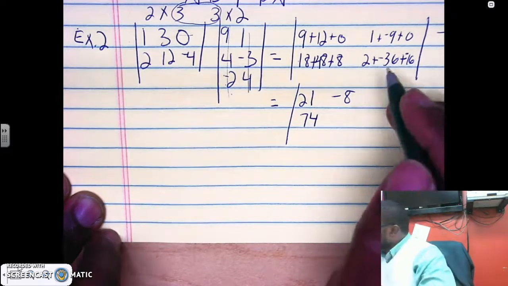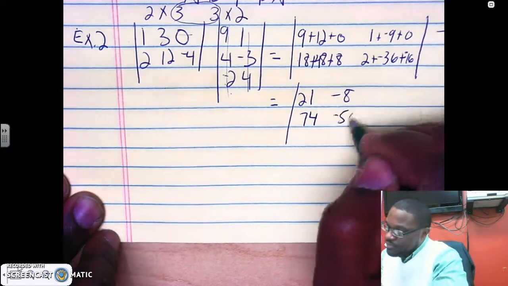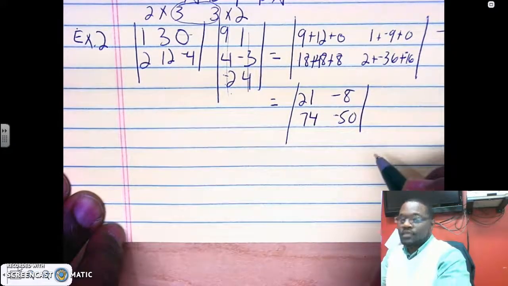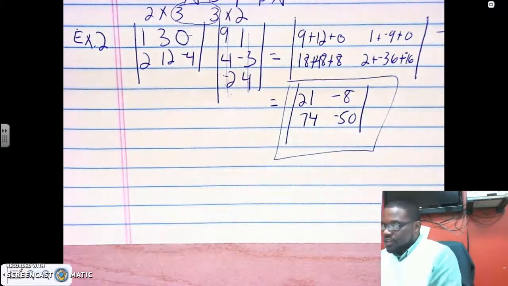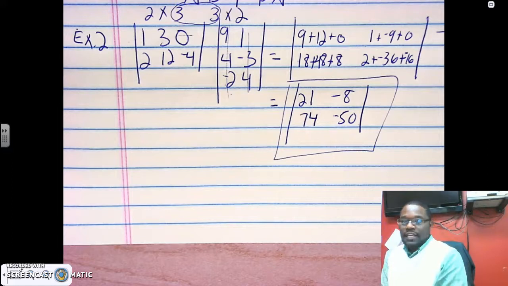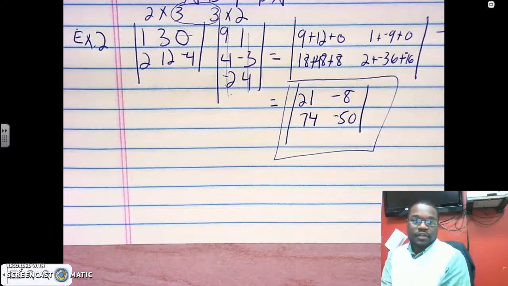Was that negative 50? Yep. Okay, that is your answer there. So this is how you would multiply if they don't have the same dimensions. So this is multiplying matrices.